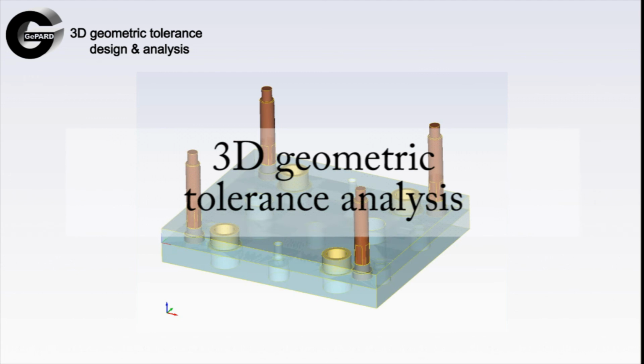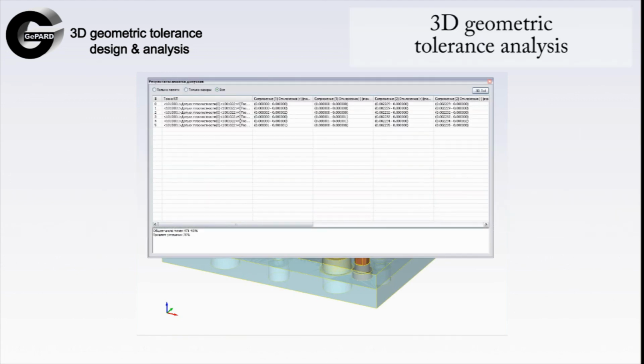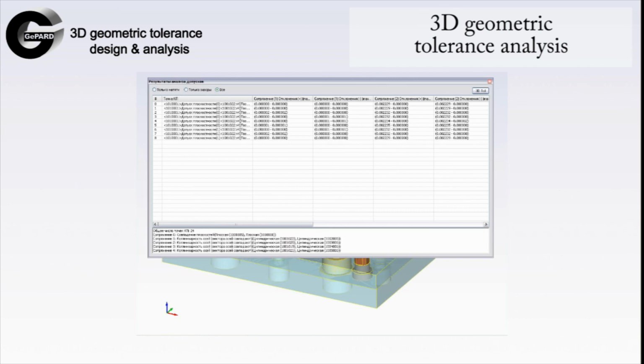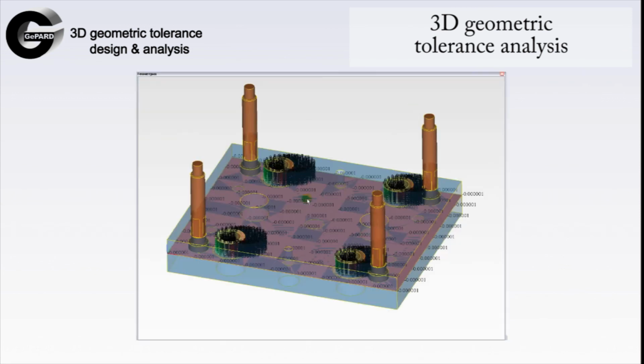After the assemblability analysis is completed, for every point of configuration space, the results are output in an assemblability analysis dialog box. To view the results for the relevant point of configuration space on the 3D assembly model directly, one needs to click on this point in the assemblability analysis dialog box.